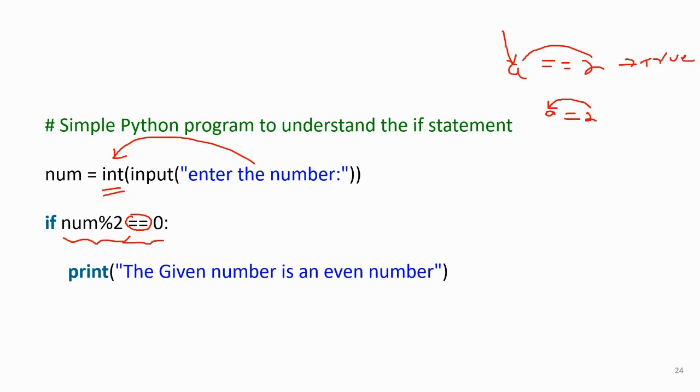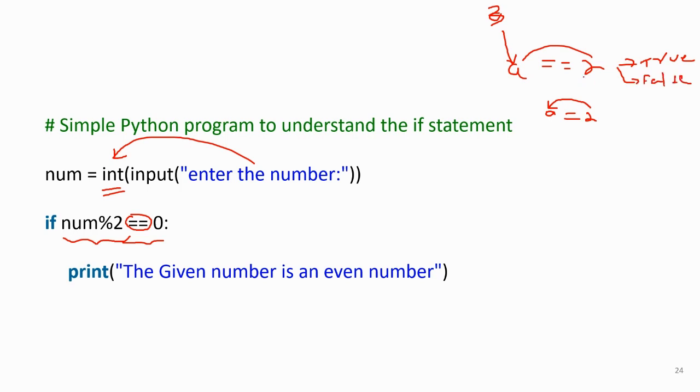If we had a value in a which is not 2, instead we assigned 3 to a, then a has the value 3. Is that 3 equal to 2? No. So this condition evaluates to false.